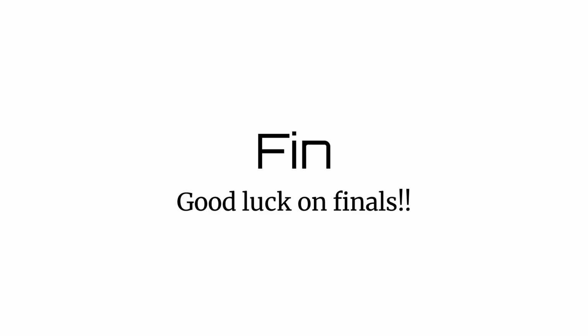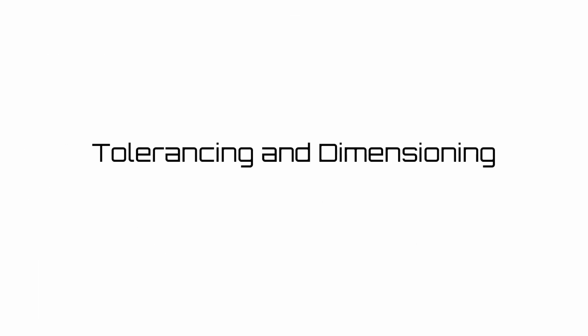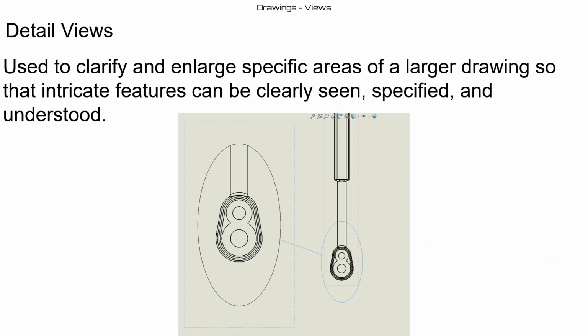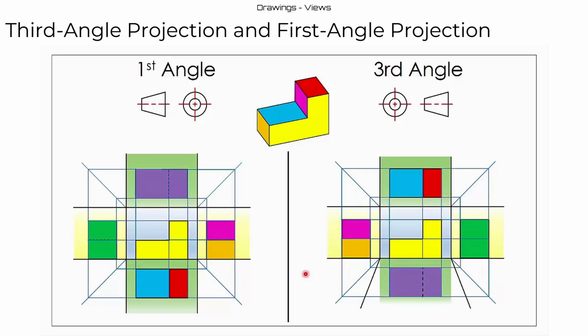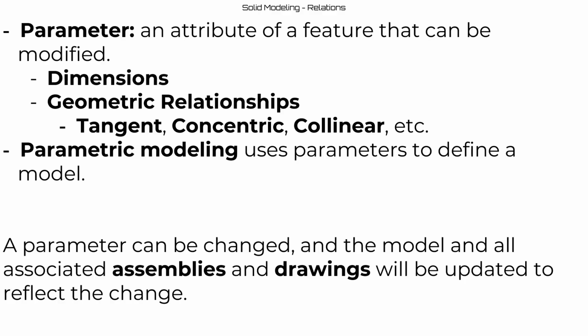So, just a definition: parameters are not necessarily dimensions. Parameters are attributes of features that can be modified.